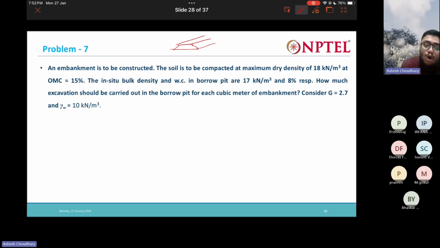It is asked how much excavation, so how much soil you should bring out from there to construct 1 meter cube of embankment. So this is the question. Let us try to solve this.